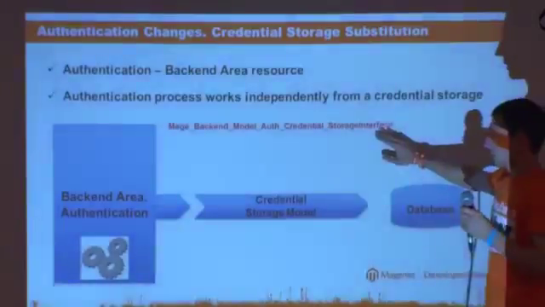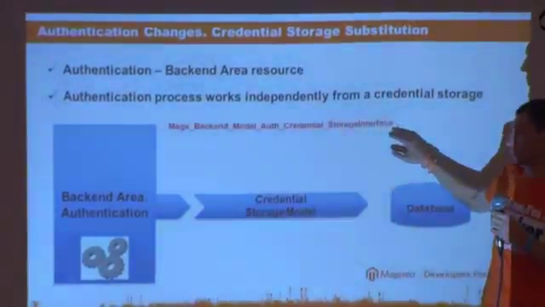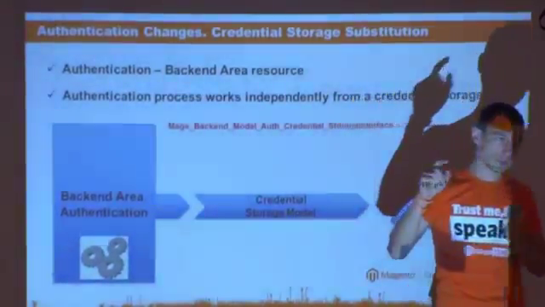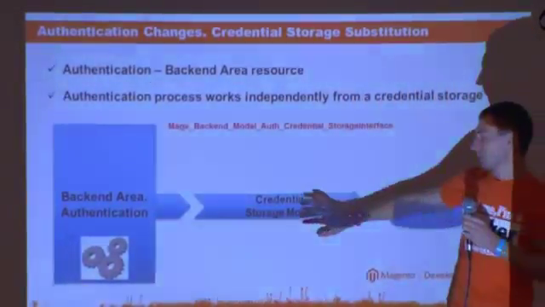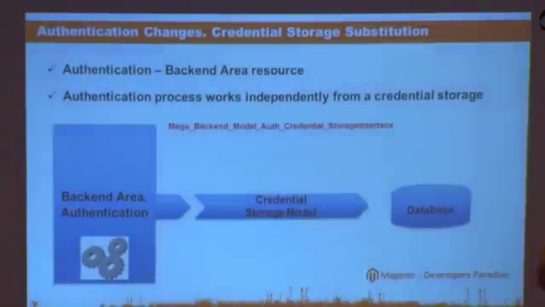Backend just declares some interface, the Mage Backend Model Auth Credential Storage Interface, and wants some module to provide a credential storage model that implements this interface. Backend just gets login and password from some user and gives this login and password to this model.